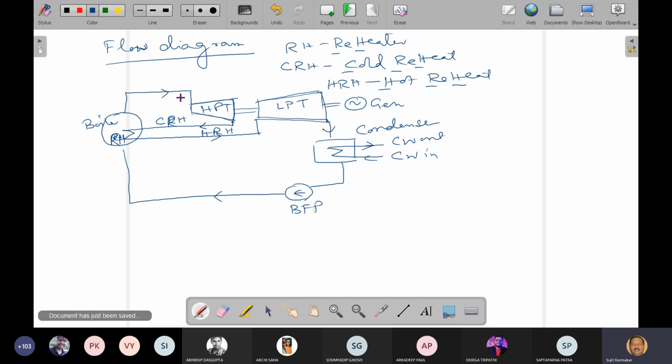So here we can put the numbers like this. Maybe this is number 1, this is number 2, this is number 3, this is 4, number 5, and number 6. So if you plot the figure, it will be looking like this.